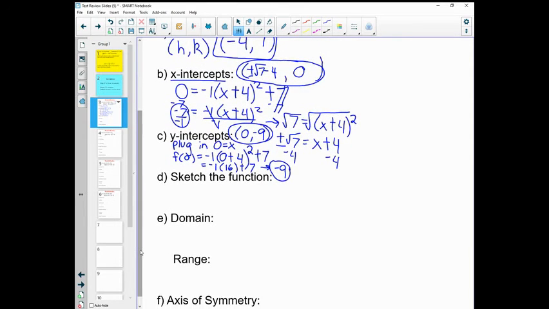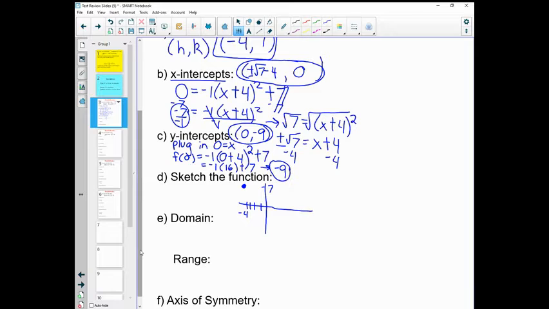The next step is to use the intercepts along with the vertex to sketch what this function is going to look like. And this is just a sketch. The vertex we said was at -4, 7, so somewhere up there. The x-intercept we found to be at plus or minus √7 minus 4.